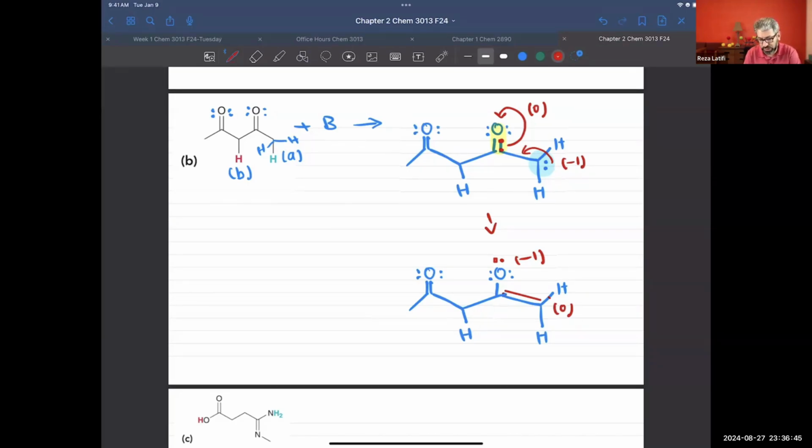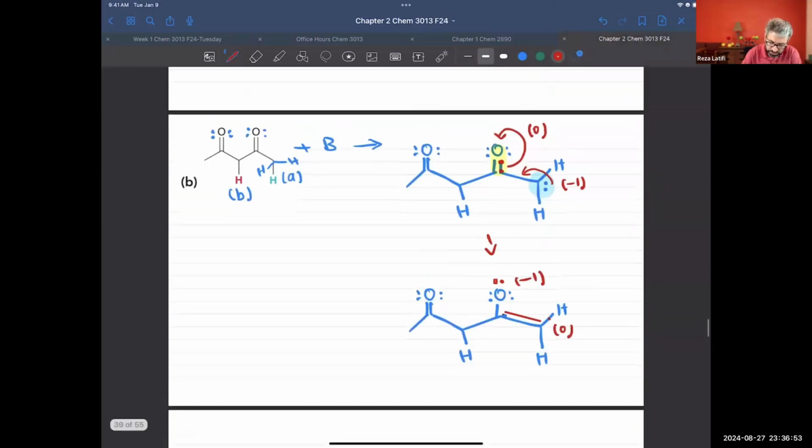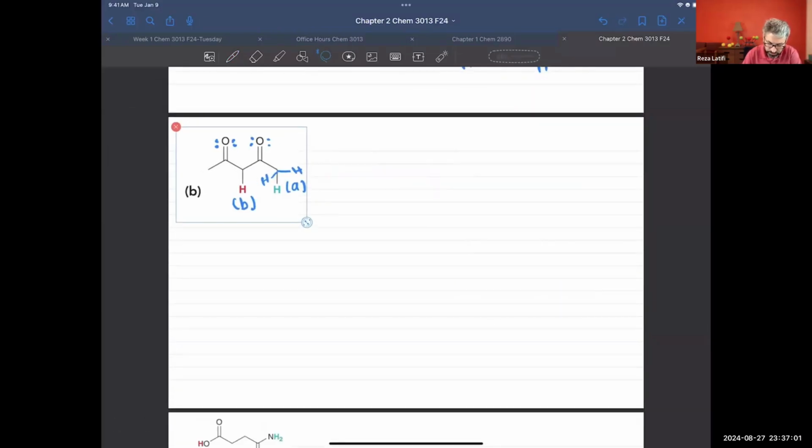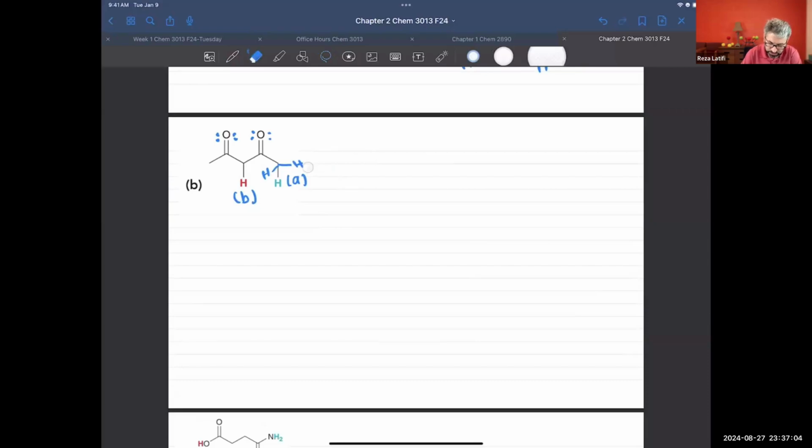Now what will happen if we take the red hydrogen? If we take the red hydrogen, I'm going to draw it on another page. So let's say we are taking the red hydrogen. If I take the red hydrogen, or B, I get this. I get carbon attached to oxygen with 2 lone pairs.